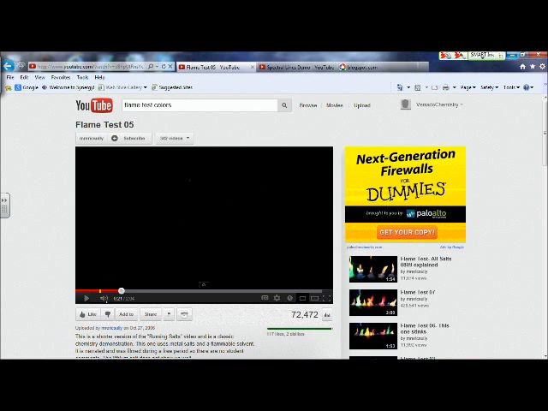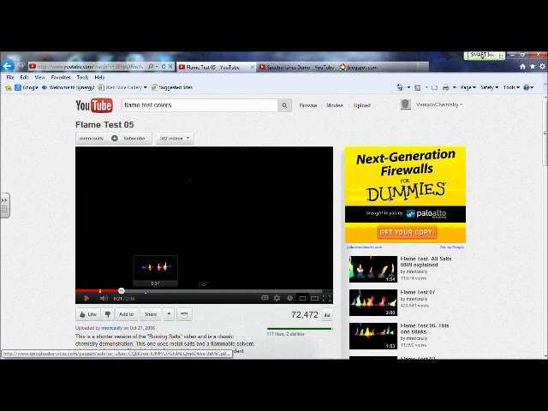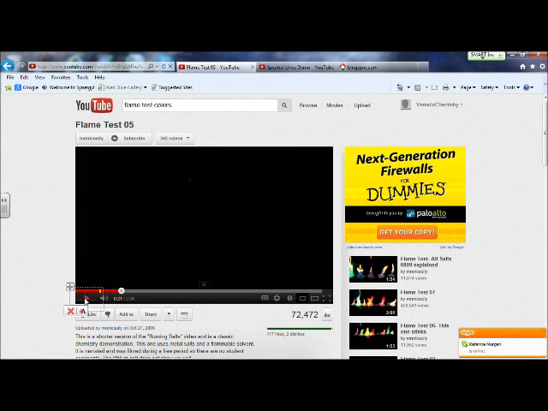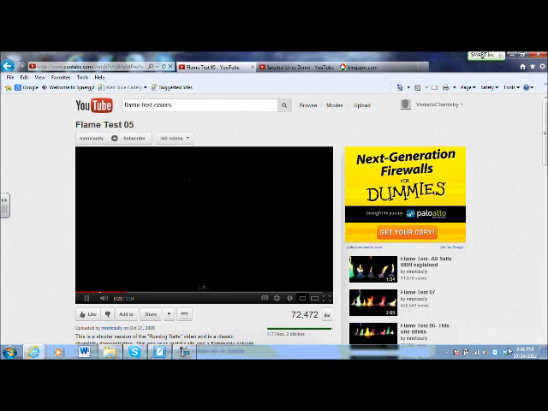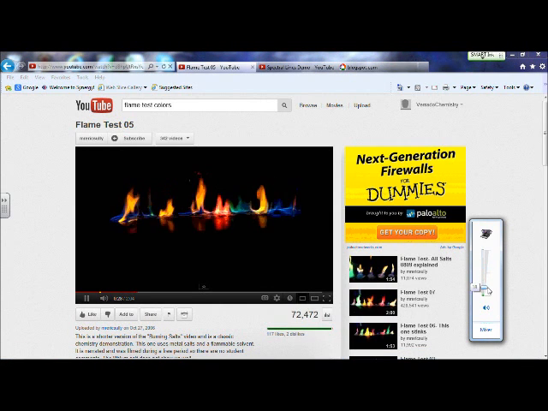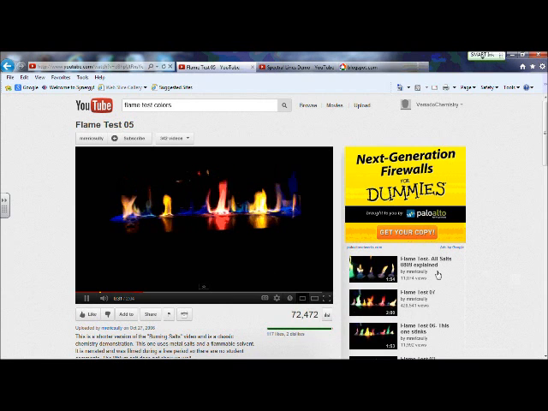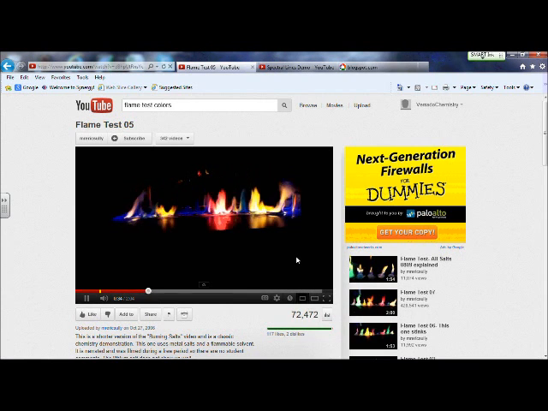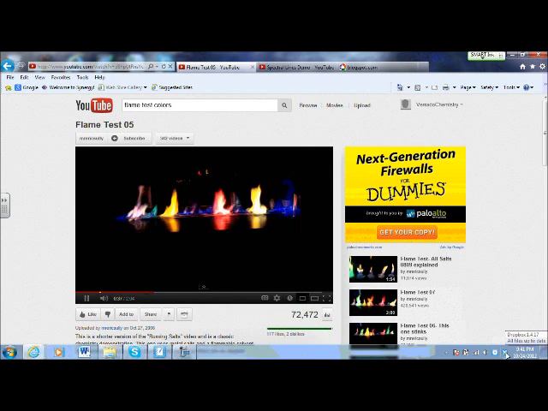So we're going to jump to a YouTube video. Now, these are compounds. Each of them contain different metal elements. What you're seeing here is metallic elements in a flame.